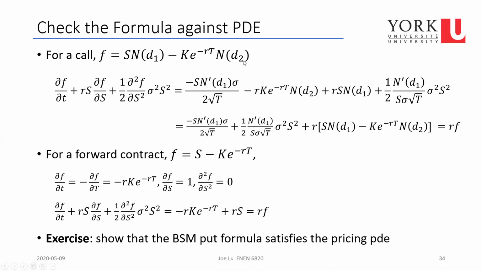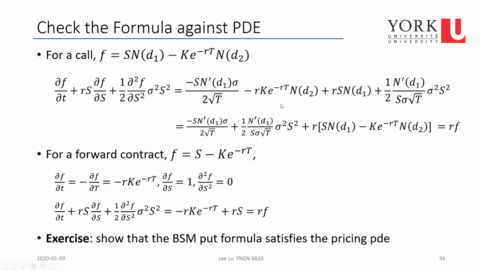When you look at the call here, this part here is the left-hand side of the fundamental partial differential equation. So it's basically theta plus r times S times delta plus half of gamma times sigma square S square. So you plug in those expressions that we have seen earlier.